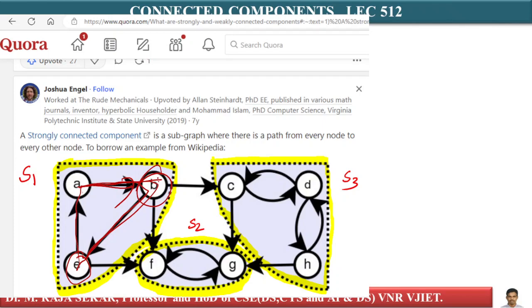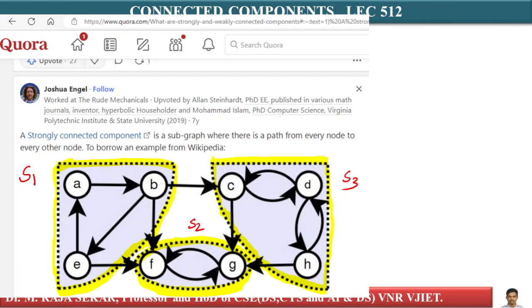If you look at my subgraph S1, I have a path from every vertex to any other vertex. Similarly, in S2 we can go from F to G and G to F. In S3, too, I can go from any vertex to any other vertex.